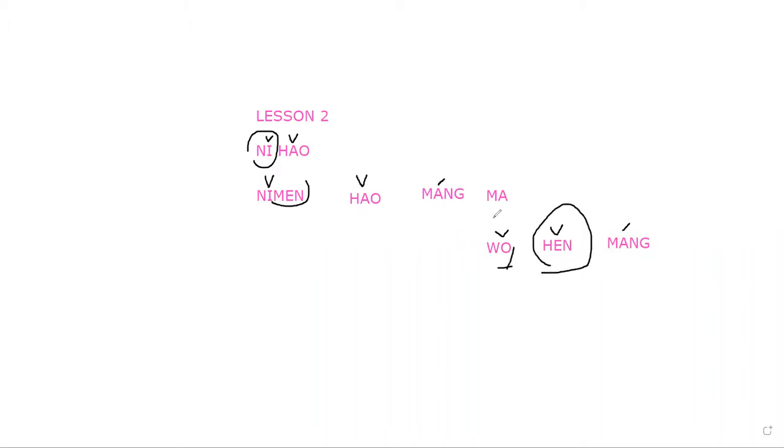Wo hen mang. It means I am very busy. Hen is very and mang is busy. If I ask you, mang ma, you say, wo hen mang. Repeat after me. Wo hen mang.